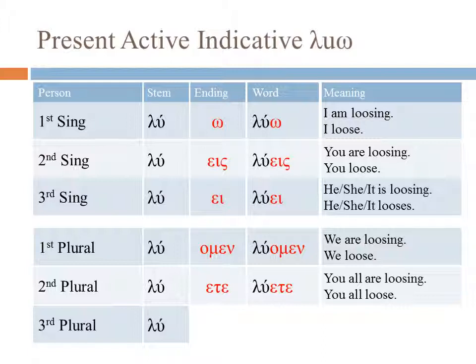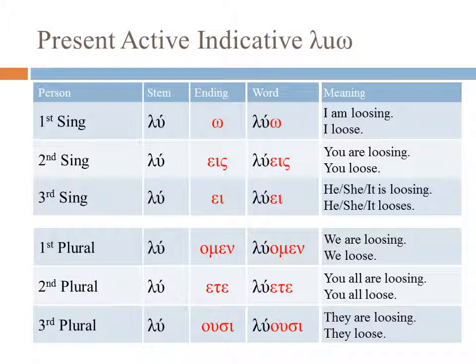The third person plural is they. So we get lu, and we're going to add the third person plural ending, ousi. So we get luousi, which means they are loosing, they loose.